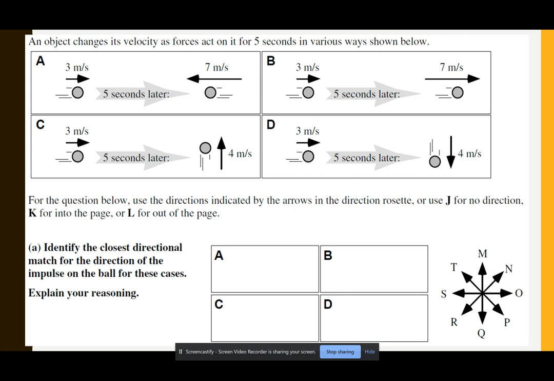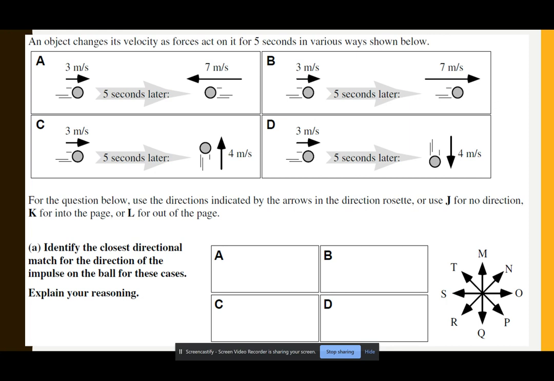Okay, so let's look at the first one. We're saying the direction of the impulse. So it changes direction. For part A, a ball is going 3 meters per second to the right. 5 seconds later, like after it hits a wall, it's going 7 meters per second to the left. So we have that change in velocity.